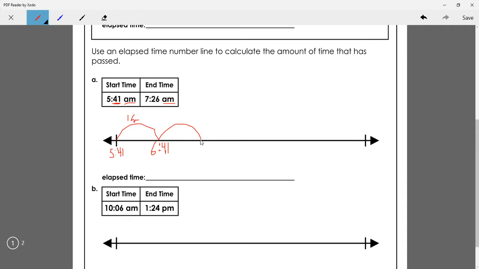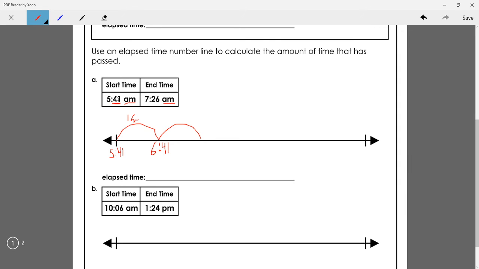And I know that there are 60 minutes in an hour. So you always have to remember that there are 60 minutes in an hour, because that's why time can be a little confusing, because numbers are based on 10 and 100, whereas hours, minutes, and seconds are all based on 60.